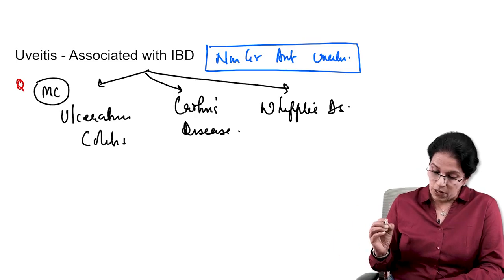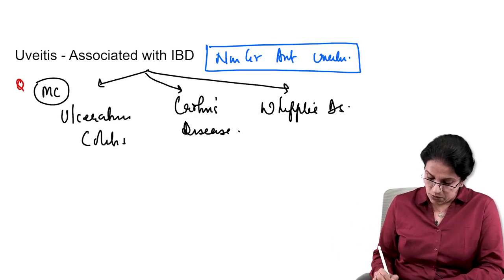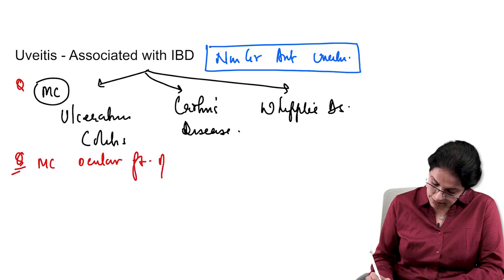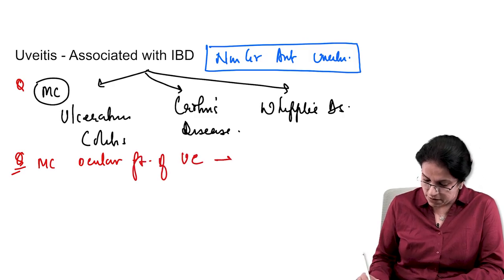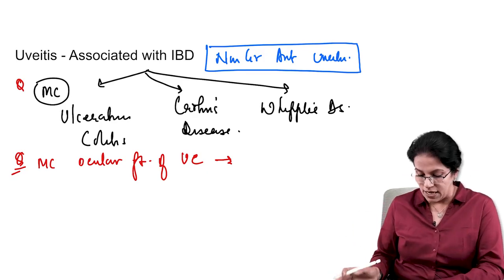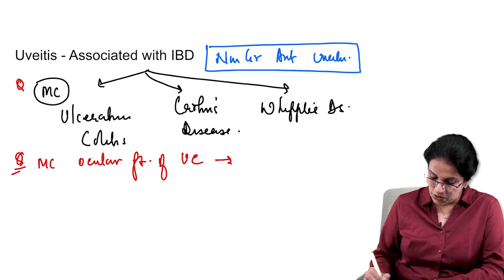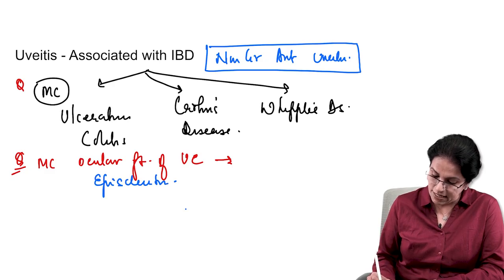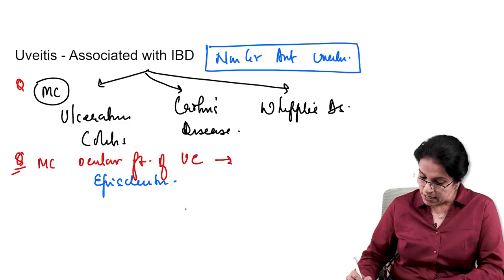Now, for ulcerative colitis, there is another question: most common ocular feature of ulcerative colitis. If this is asked, what will be your answer? You should say episcleritis. So, we won't answer uveitis, we will answer episcleritis. What can be the other features?